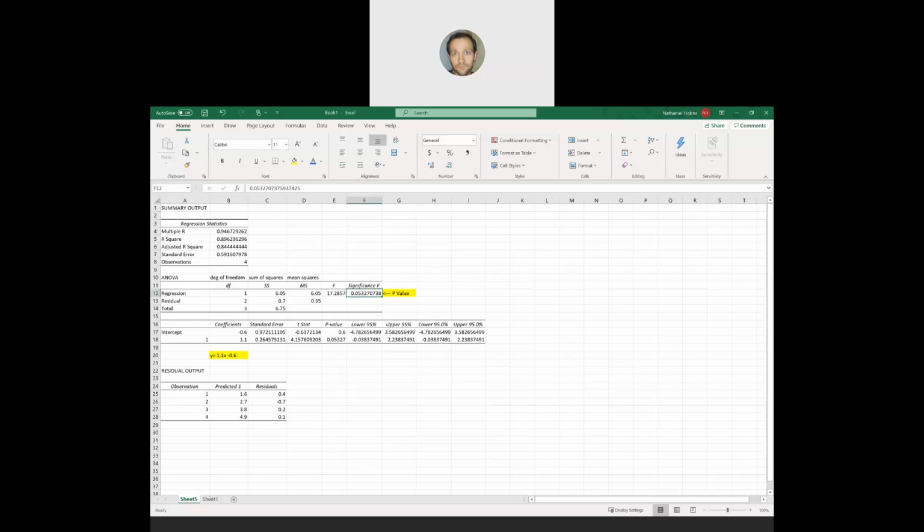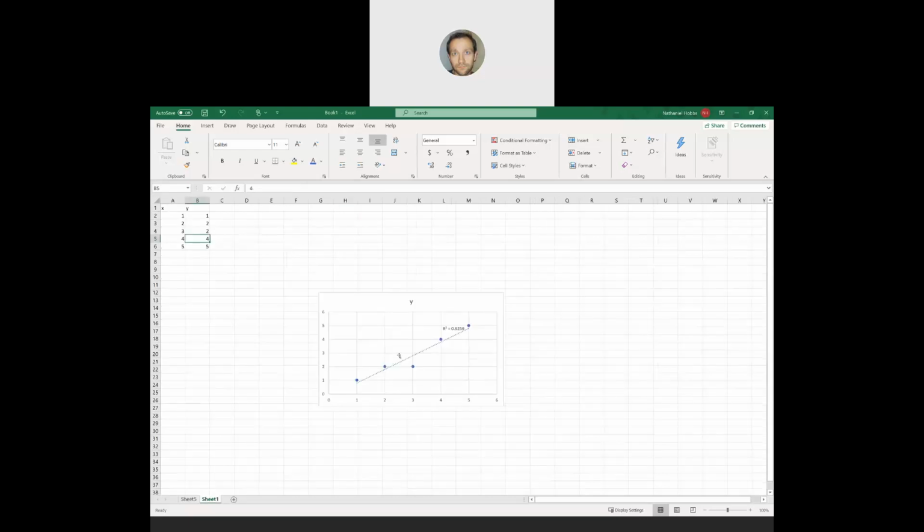This would say that because it's so close to 0.05, this is very likely a good explanation, but not quite. Let's play around with this a little bit. If we wanted to make this more linear, I could bring this point closer to the line.